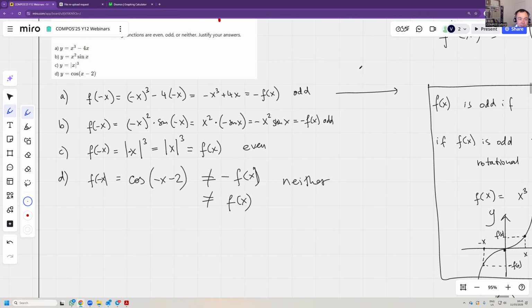So the first graph is x cubed minus 4x. So it has roots at 0 and, oh, 2 and minus 2, of course.